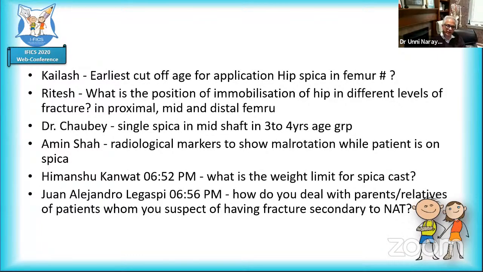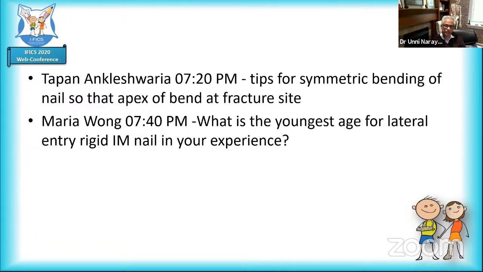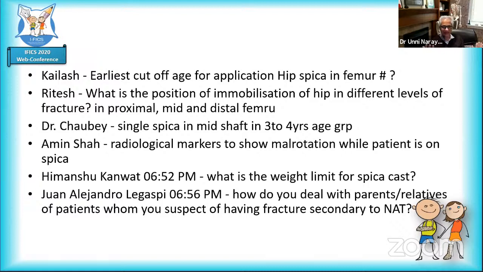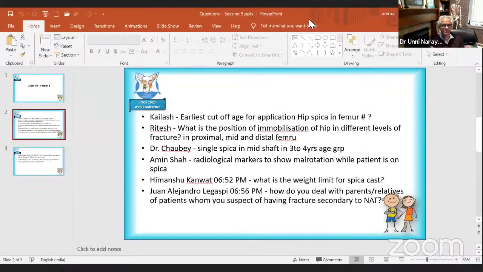I think this is a very good question. While it is absolutely incumbent on us to think about this when a child who is not independently ambulant comes in with a femur fracture or any other injury, it is important also to recognize that sometimes there is a genuine explanation. So please don't be judgmental.